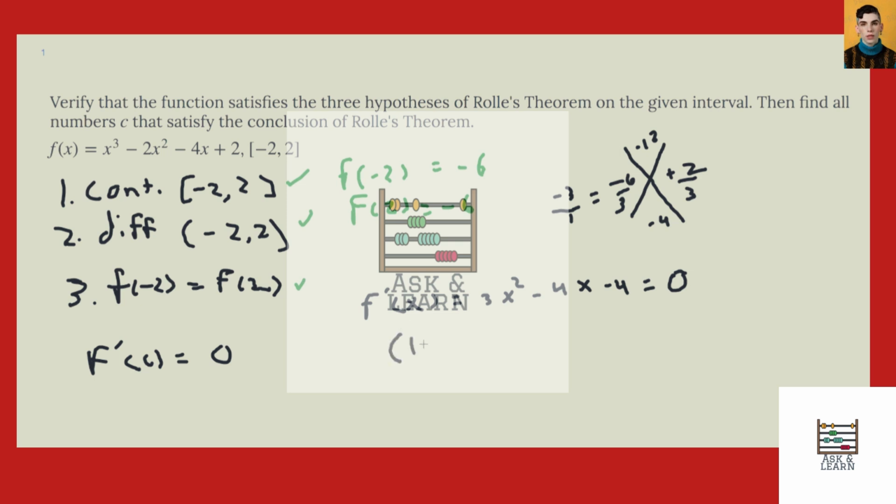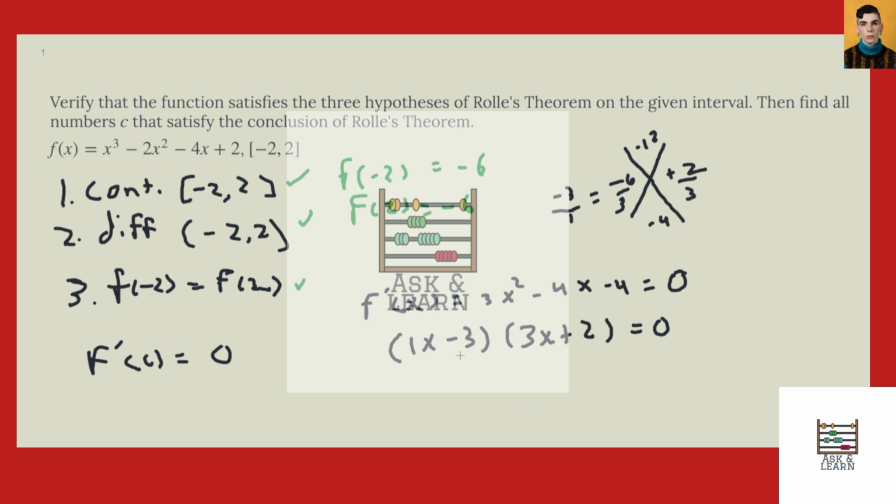So it'll be 1x - 3 times, and for the fraction that is already simplified, you just take the bottom number and put an x in front of it, so basically 3x + 2 equal to 0.